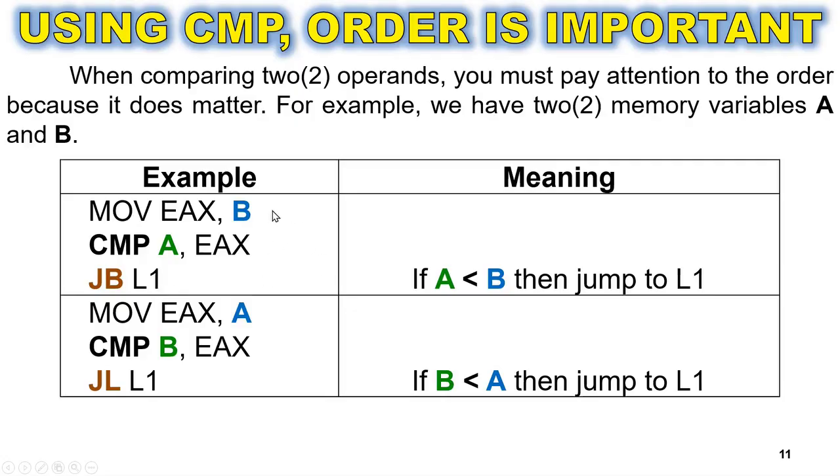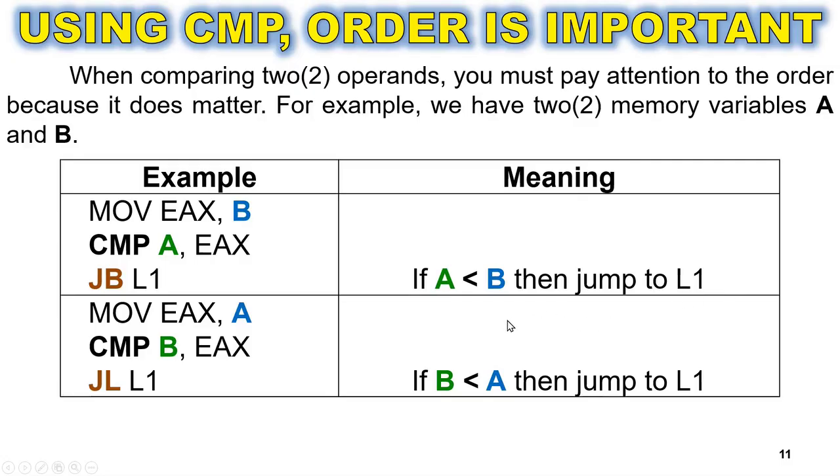Therefore, when we try to understand the compare of A to that register, note that EAX contains the value of B, and then we use JB for the conditional jump. This means that if A is less than B, and if it is true, then jump to L1.